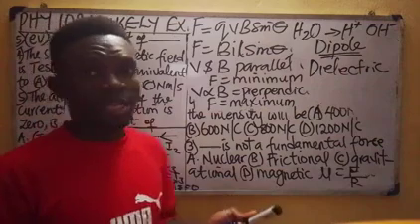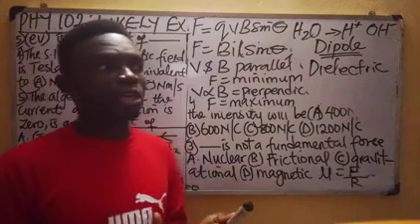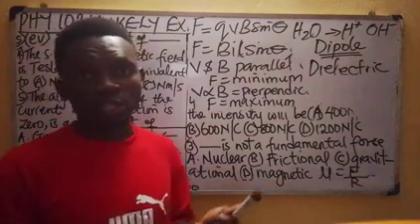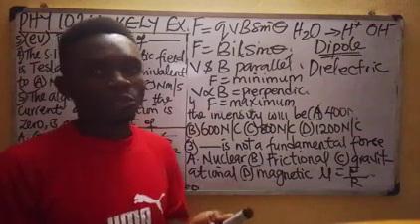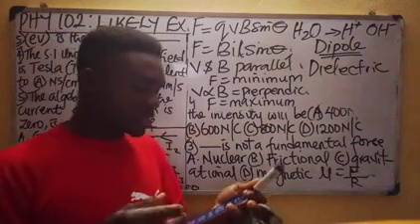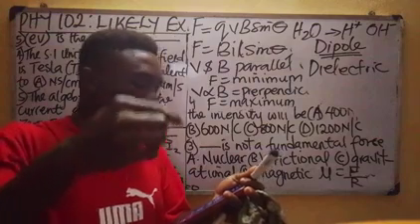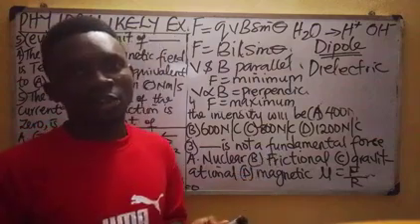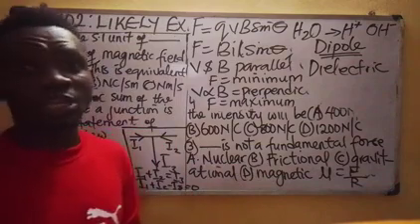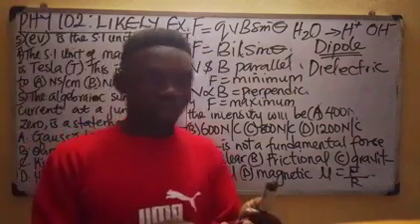What is an electric field? An electric field is a region within a space where electric force is experienced. So the electric field is said to exist at any point when a charge experiences an electric force. So the answer to this question is option C.